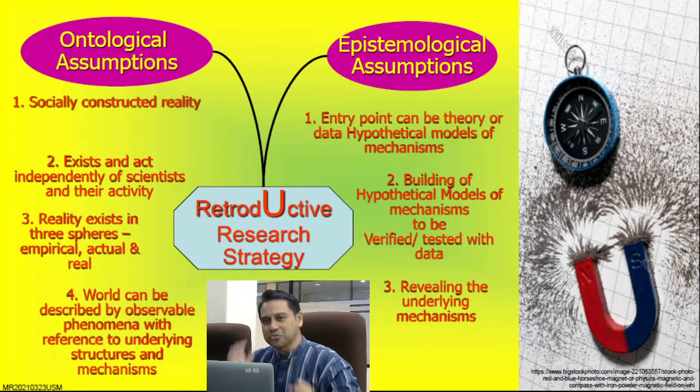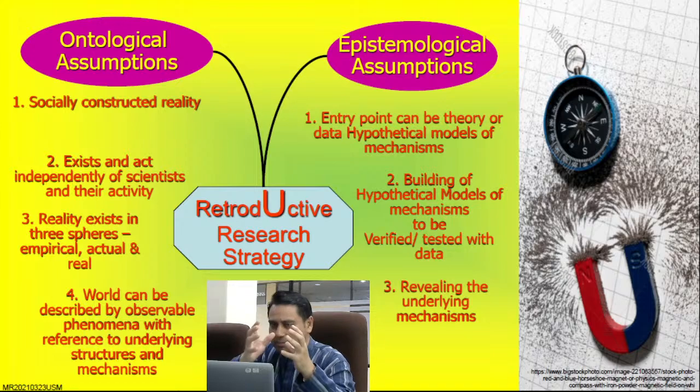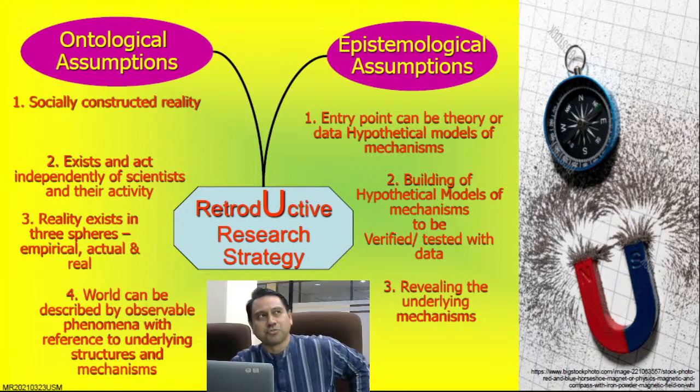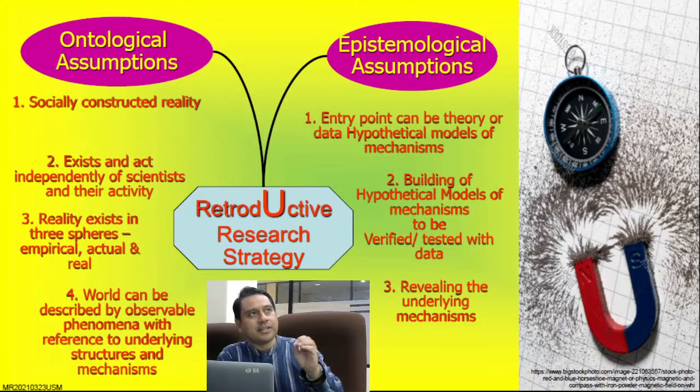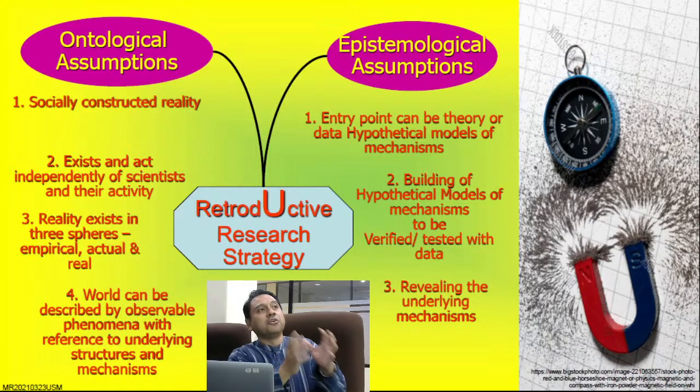As scholars, as researchers, as thinkers, as intellectuals, you got to dig deeper. And you got to go inside. You got to theorize. You got to build the model. Now that's epistemological assumptions. And a theory or data can be used. Hypothetical models of mechanism: you got to construct the model of photosynthesis in order to see photosynthesis.